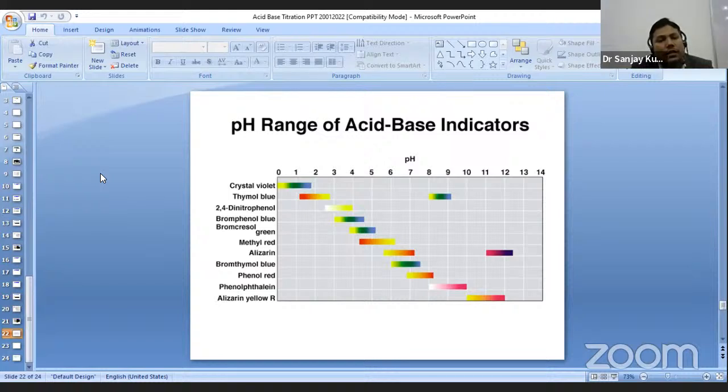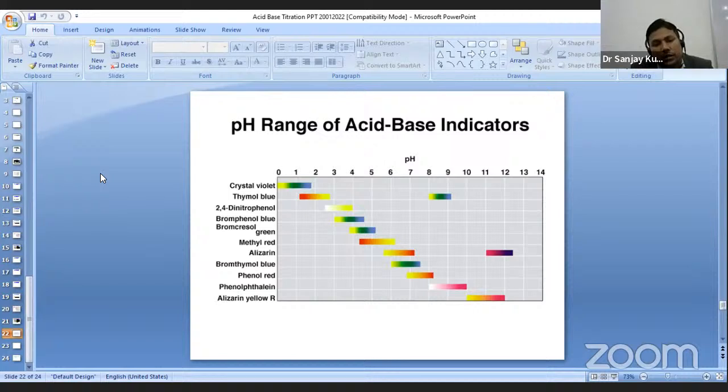Thymol blue is 2 to 3, 2,4-dinitrophenol is 3 to 4, bromophenol blue is 4 to 5, then bromocresol green. Likewise, we have many different indicators for acid-base titration.